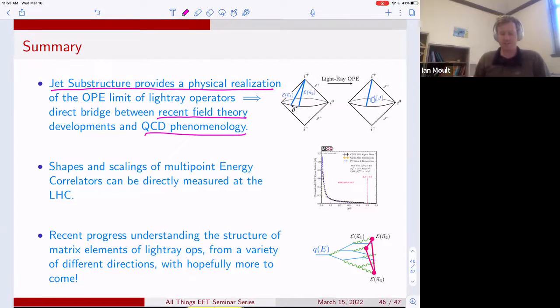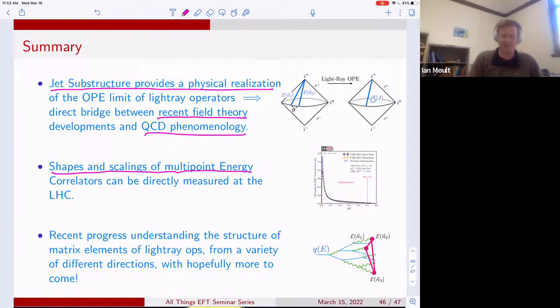And at the LHC, because of the remarkable energies and angular resolution, one can actually measure the shapes and scaling behavior of these multi-point energy correlators and really just see by eye that all these basic features, such as the operator product expansion and these symmetry structures, are really obeyed.